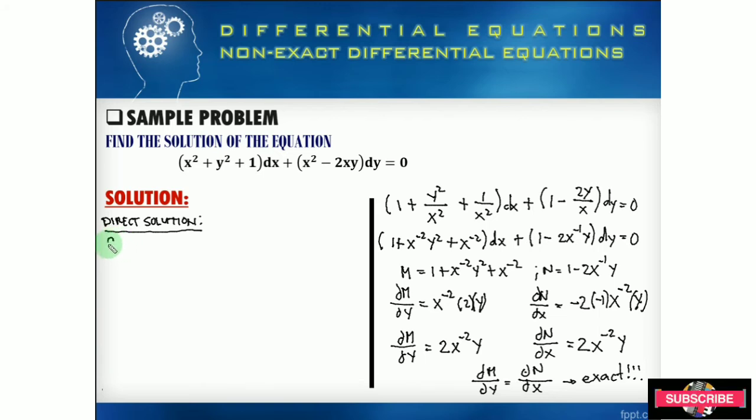We have here the integral of your m dx plus the integral of this quantity n minus the partial derivative with respect to y of your integral of m dx, quantity dy, is just equal now to a constant c.